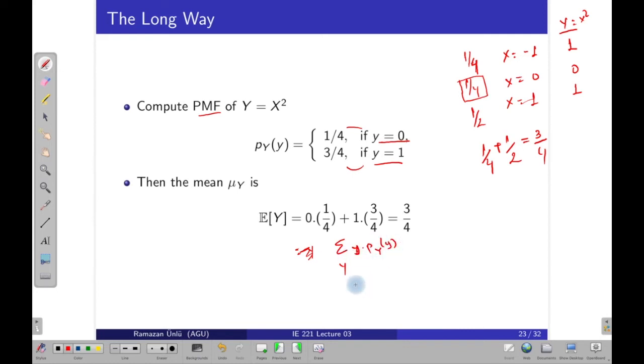So if I open this one, actually this means y1 times the probability of y1 plus y2 times the probability of y2, and there is no y3 actually, sorry.